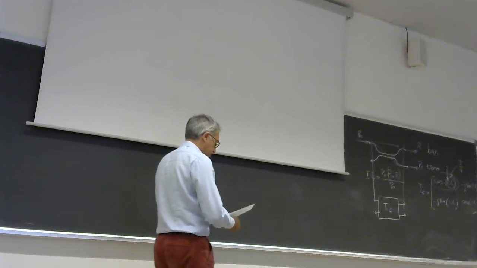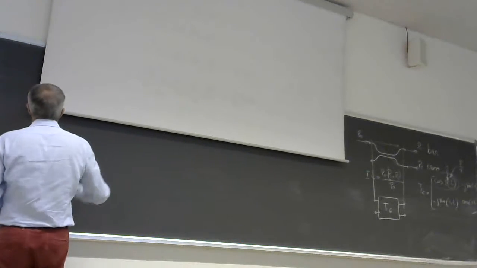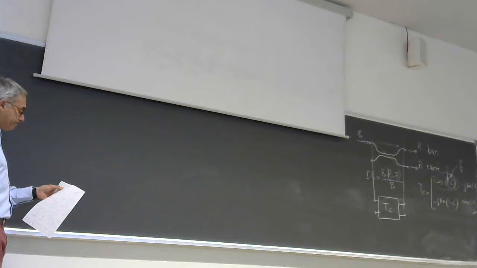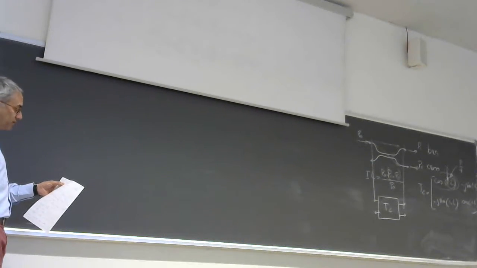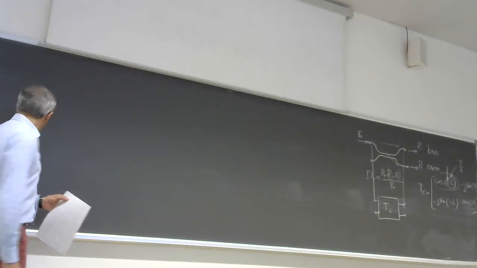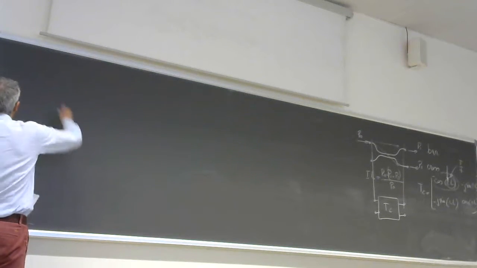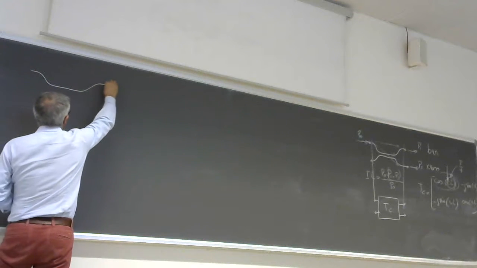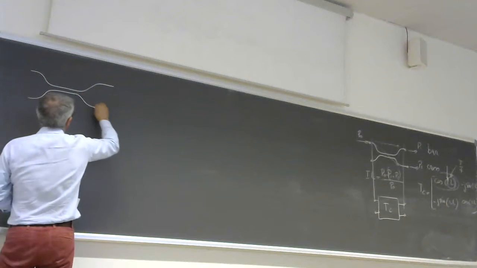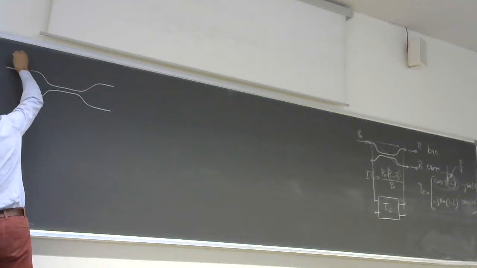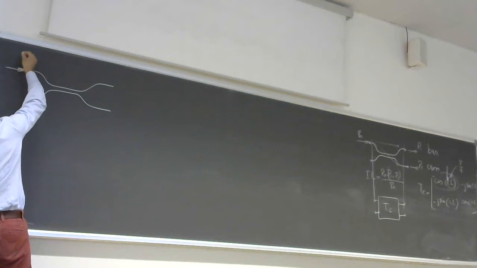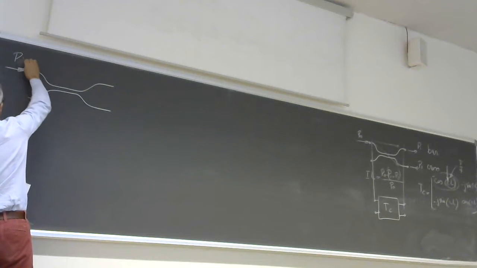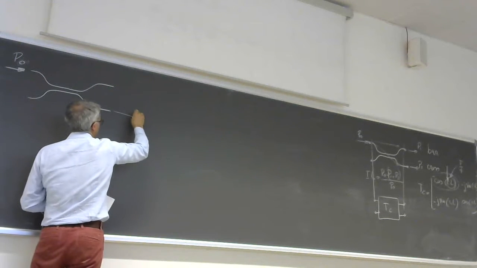Very simple exercise. Assume you want to design a coupler that works in cross. So you enter from here, let's say with a P in or P0, and you want to exit from here.